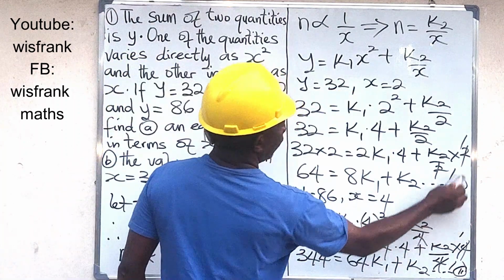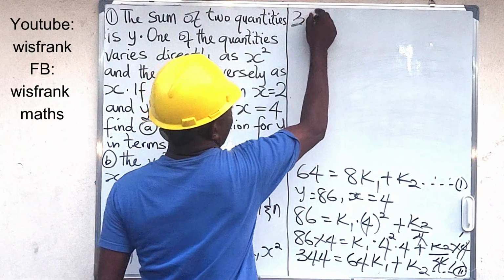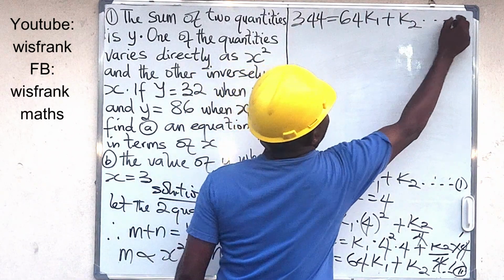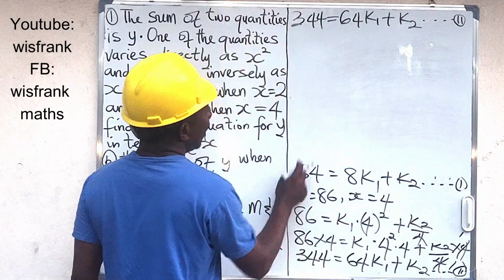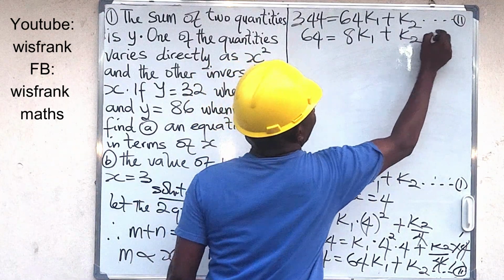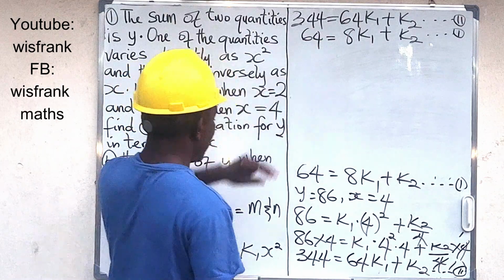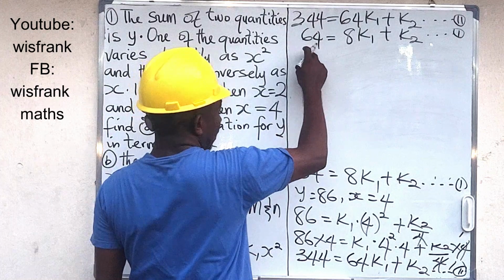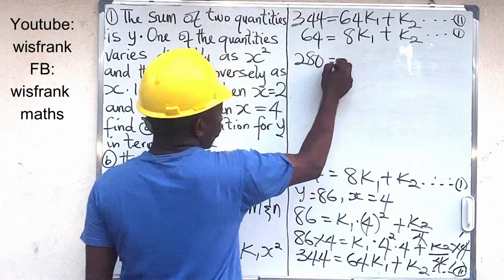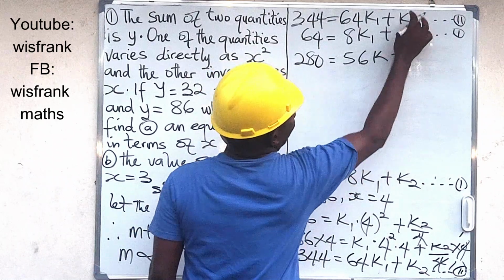So our equation 2 is 344 equals 64 k1 plus k2, and we have equation 1, 64 equals 8k1 plus k2. We subtract equation 1 from equation 2. When we do that, we have 344 minus 64 giving us 280 equals 64 minus 8 gives us 56 k1, plus k2 minus k2 gives us 0.